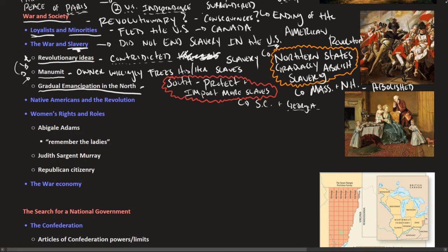And of course, we'll talk a lot more about that. So again, the war did not end slavery in the U.S., but it did lead to gradual emancipation in the North and to things like manumission.